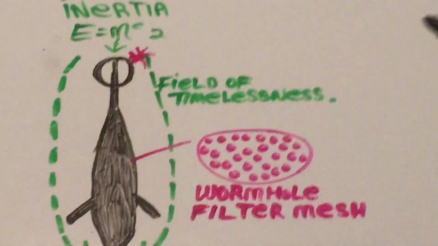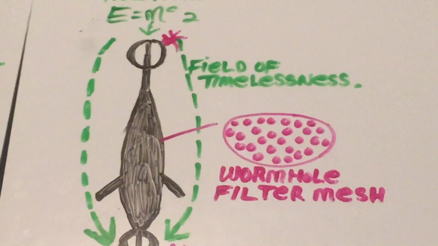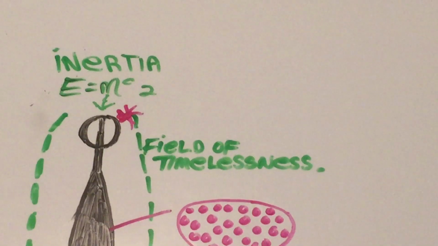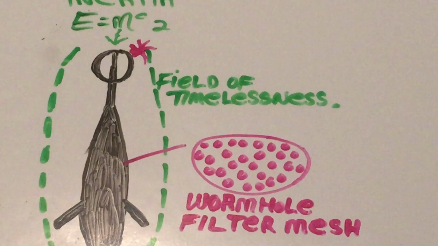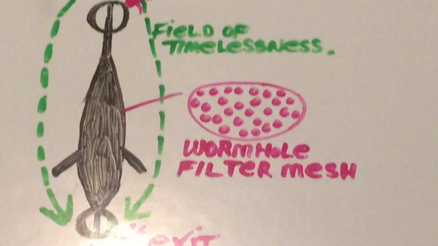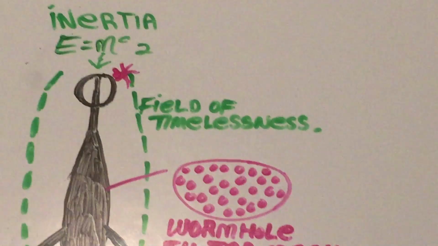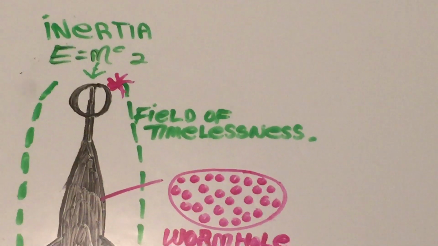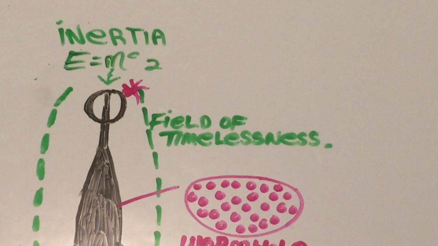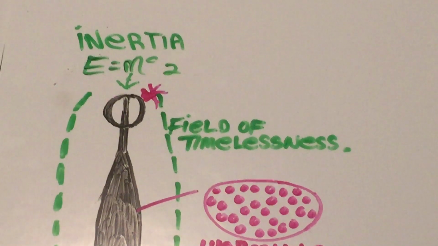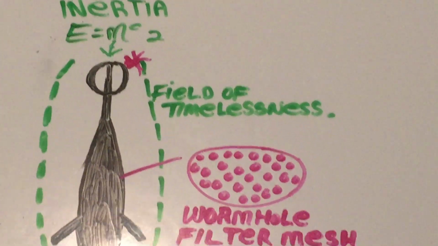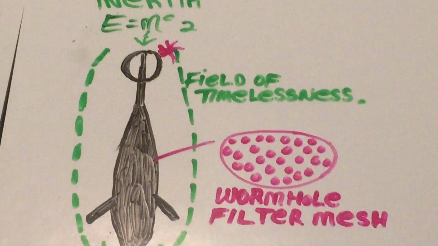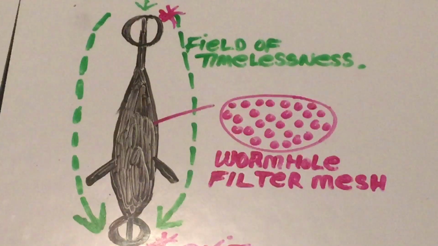Now here's the bigger theory. Again, sorry for the glare. Now, inertia is at the front of a moving faster than light ship. The inertia is the energy and the mass that builds while the ship is moving towards light speed. Two things happen. One is that the ship becomes into a field of timelessness.